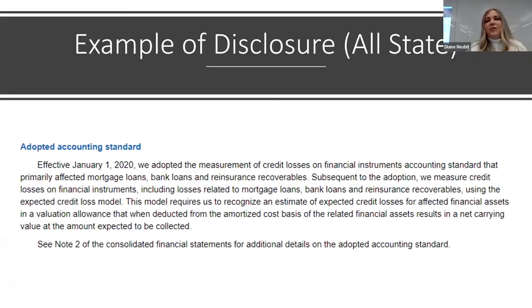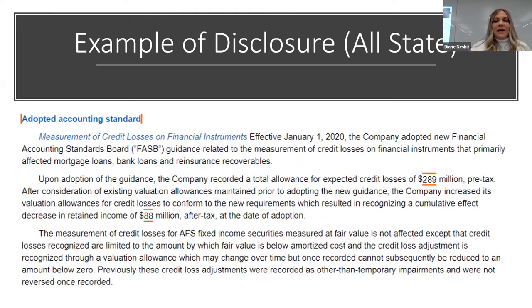All right, so some examples of disclosures, and we just took these from the public filing for Allstate. So they talk about the adoption. I'm not going to read through all of this. Again, we'll make these slides available, but the first disclosure talks about the actual adoption, and then refers you to another note that has more detail on that. Again, I wasn't going to read through all of this.